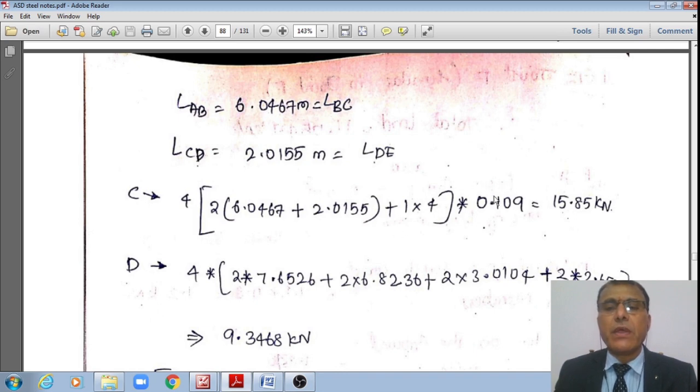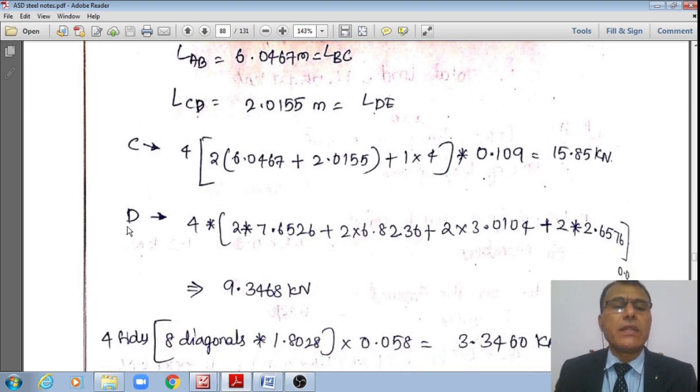All are of 130 by 130 by 8 mm at the rate of 109 kilonewton per meter. That is the intensity of the load. Therefore, if I multiply with this intensity of load for the 4 columns, now I'll get 15.85 kilonewton.